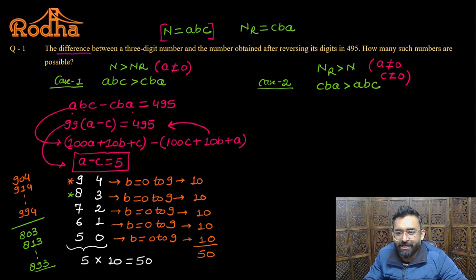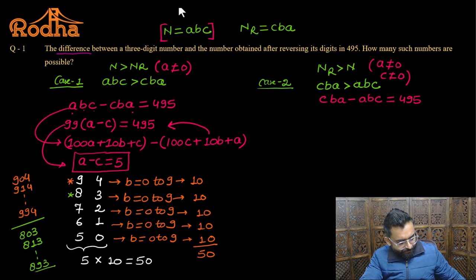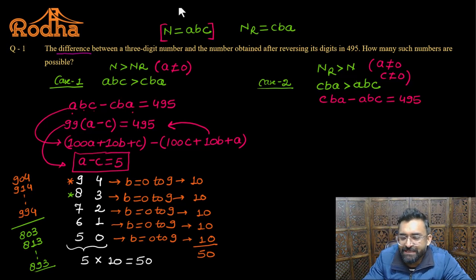Okay. Now, if I look at the other case, it's pretty simple to identify now. We can easily figure out what is going to happen here. CBA minus ABC I have to write, and that is 495. Is that okay? If I subtract ABC from CBA, what am I going to get?